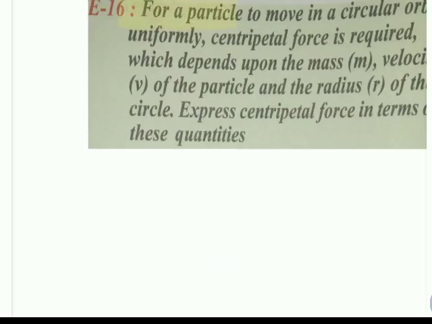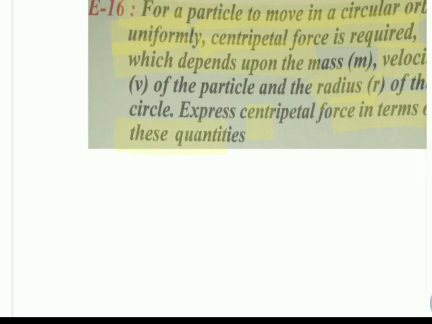For a particle moving in a circular orbit uniformly, centripetal force is required, which depends upon the mass, velocity of the particle and radius r of the circle. Express centripetal force in terms of these quantities.